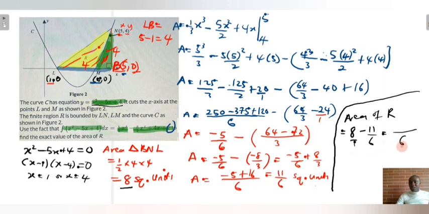That's 6 divided by 1, that's 6 times 8, that's 48. 48 minus 11 will be equal to 37 all over 6. That's 37 over 6 squared units. So that's the area of the shaded region.